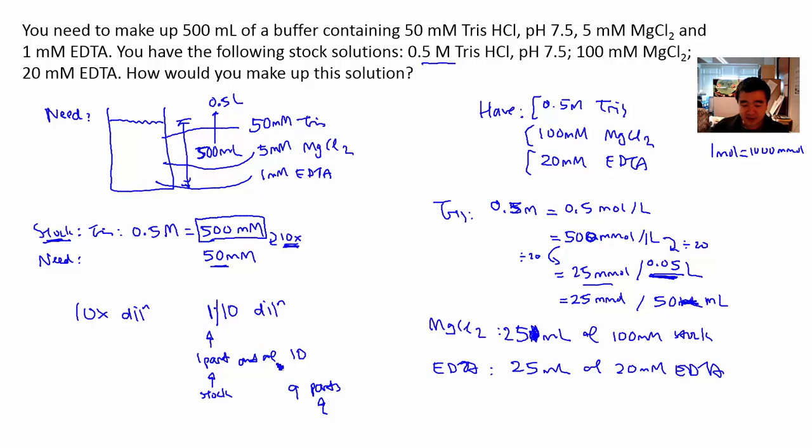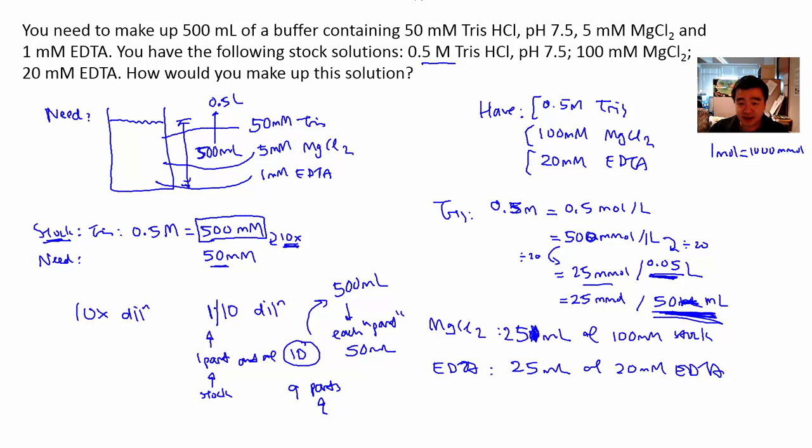Okay, so if there are 10 parts and your final volume is 500 mils, each part is 50 mils. Okay, 10 parts makes 500 mils. One part is going to be 500 divided by 10, which is 50. Okay, which is why you need 50 mils back over here.